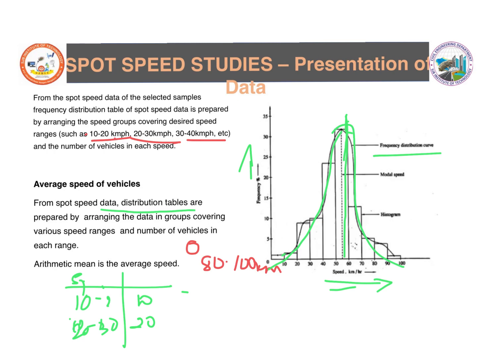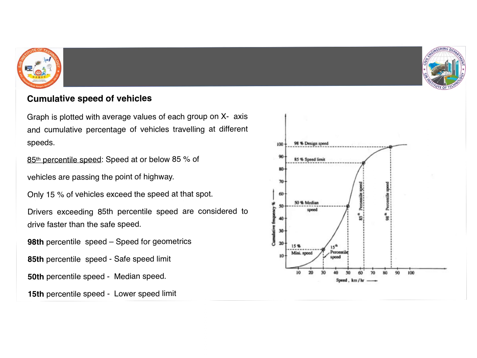Once that is ready, next we will look at the cumulative frequency distribution graph. In the cumulative frequency graph, we take speed on the x-axis and cumulative percentage frequency on the y-axis. When you plot the graph, you will get an S-shaped curve.